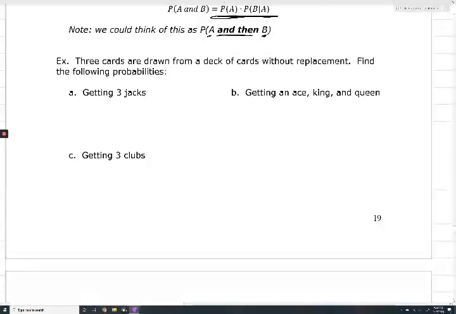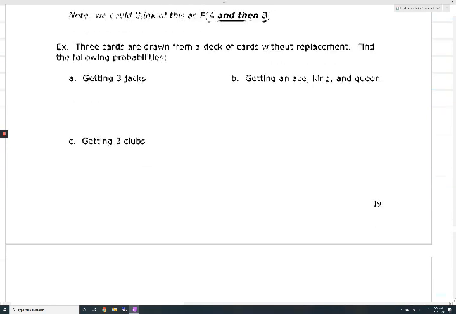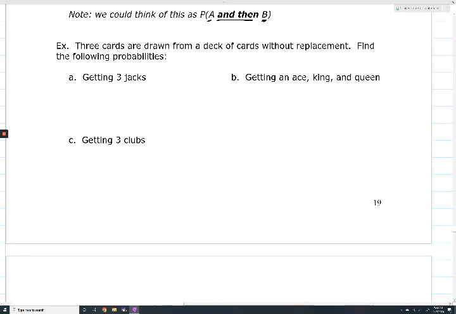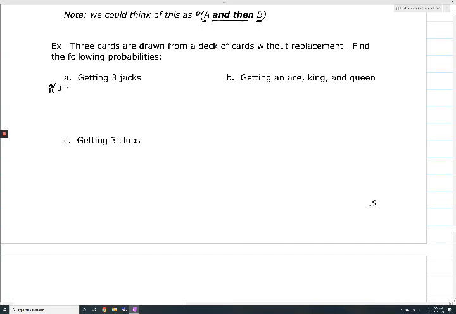So a deck of cards is a really easy way of doing this, because you guys should have a deck of cards or understand how a deck of cards is constructed. So if we're writing the probability statement for getting 3 jacks, that is probability of a jack, and then a jack, and then another jack.